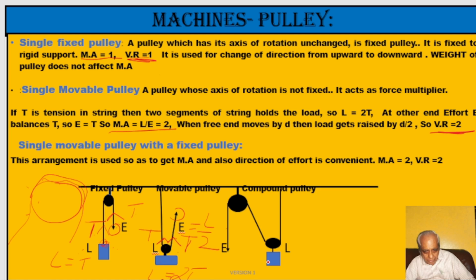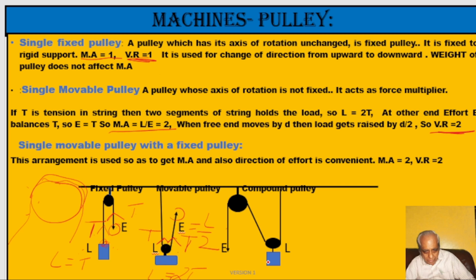The same rope is passing from here, so my effort would also be L by 2. So again I get mechanical advantage as 2, and velocity ratio is also 2, because if the load moves x centimeter, each strand moves x centimeter, so here I have to pull by 2x.